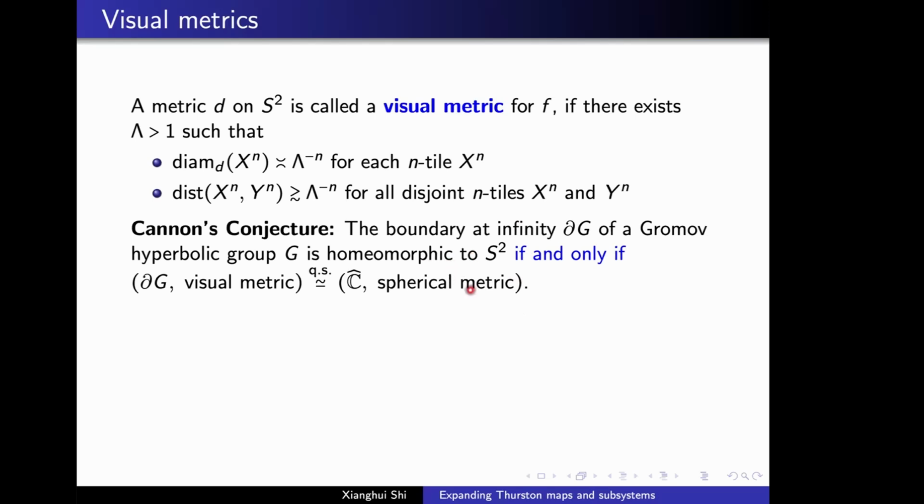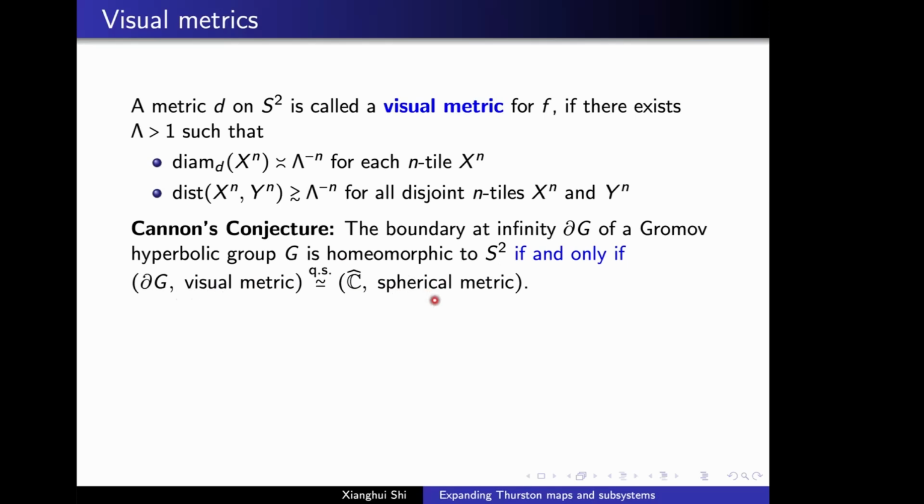It predicts that if the boundary at infinity of a Gromov hyperbolic group G is homeomorphic to S^2, then the boundary equipped with a visual metric is quasi-symmetrically equivalent to the standard Riemann sphere equipped with a spherical metric.